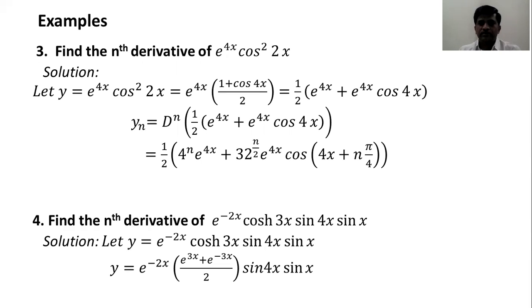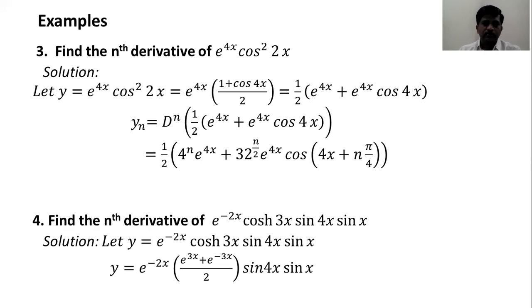The first term's nth derivative: a value 4, so 4^n e^(4x). For the second, a value 4, b value 4, that is 4^2 + 4^2, 16 + 16, 32, to the power n by 2, into e^(4x) cos(4x + n tan^-1(4/4)), that is tan^-1 of 1.